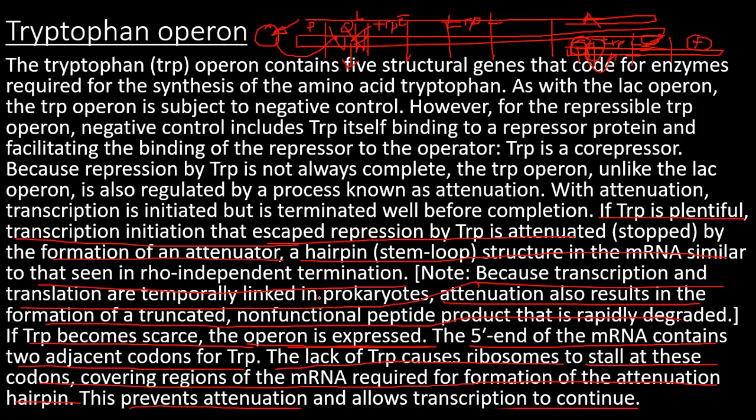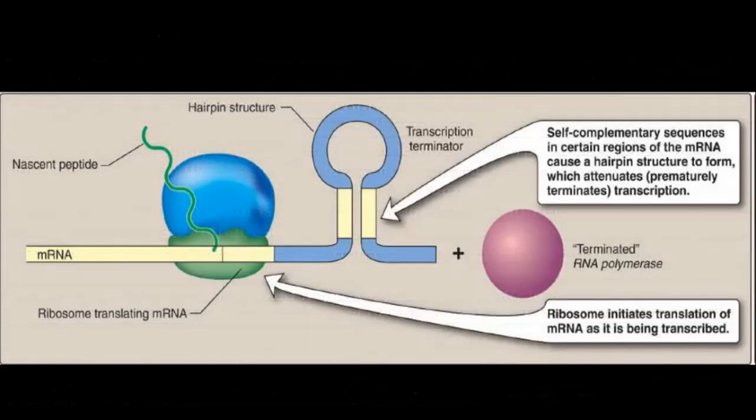Okay, so this is region 3 here and region 4. Those regions have self-complementary sequences and will allow formation of a hairpin structure, which attenuates or prematurely terminates transcription.